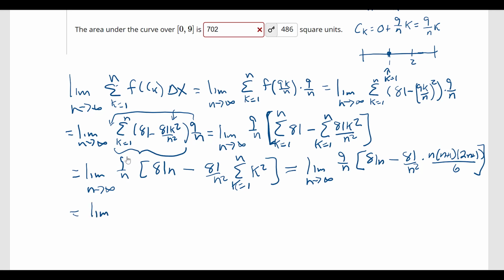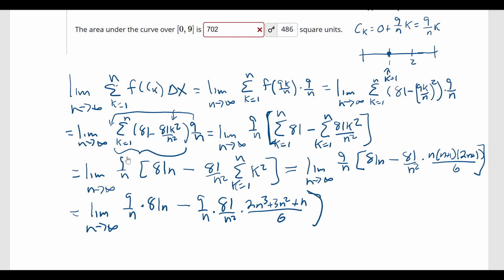the limit as n goes to infinity of 9 over n times this 81n, I'm going to distribute that now, minus 9 over n times 81 over n squared times, and this n times n plus 1 times 2n plus 1 is 2n cubed plus 3n squared plus n all over 6.